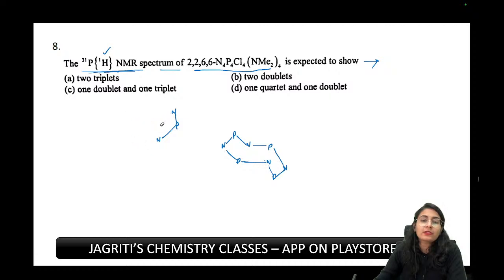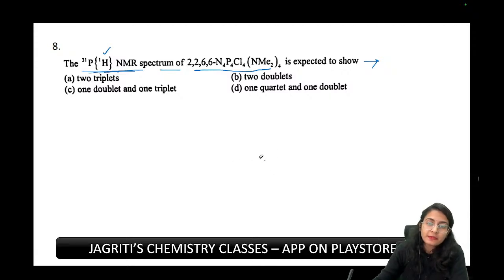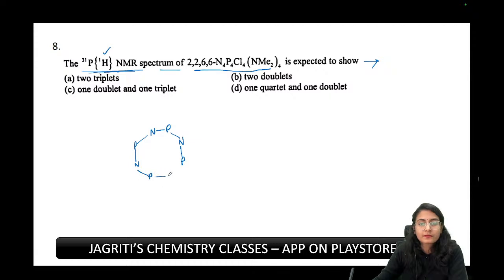We only care about the different number of atoms present. तो सिर्फ हम किस पे फोकस करेंगे? 4 nitrogen and 4 phosphorus are present. 2266.